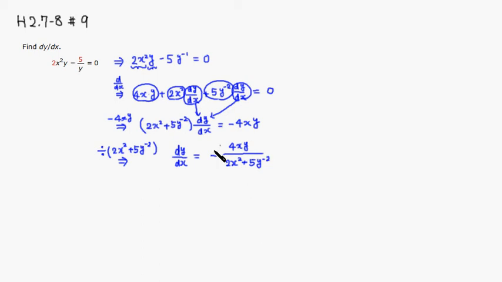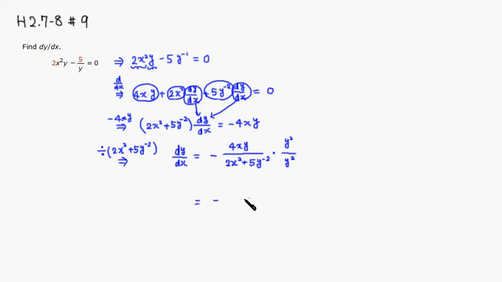You can probably write that as the final answer, but since I don't like this -2 power, I'm going to multiply top and bottom by y squared. That way we don't have a negative power.